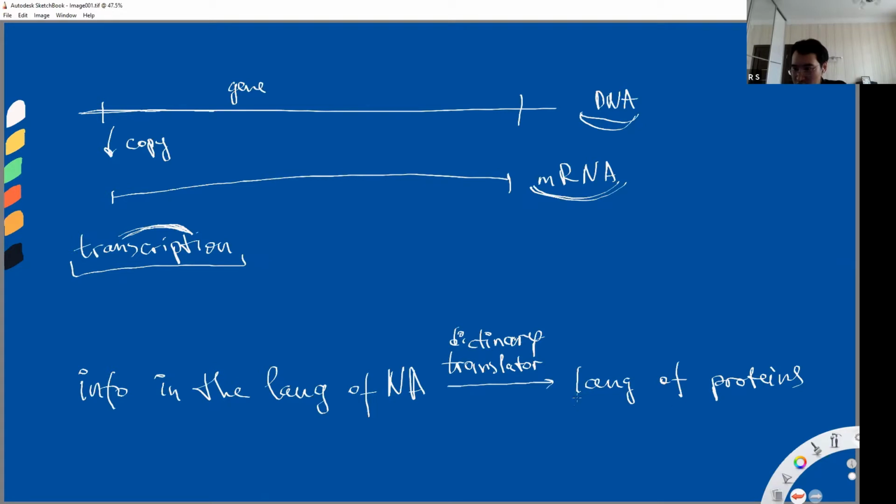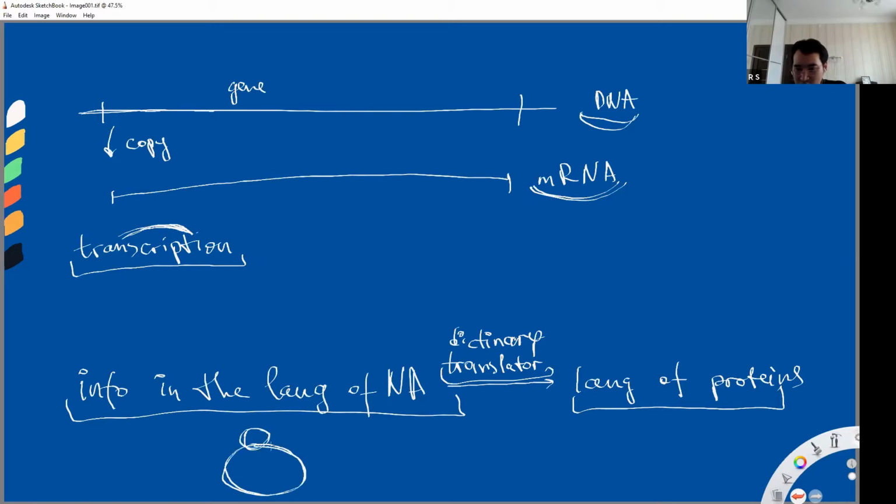Here they are not the same. So this translator is the ribosome, because it knows the meaning of one word, one codon, and it can translate it into the language of amino acids. So this is the translator. You have a piece of information in one language and you receive the same piece in the other language. And this means translation.